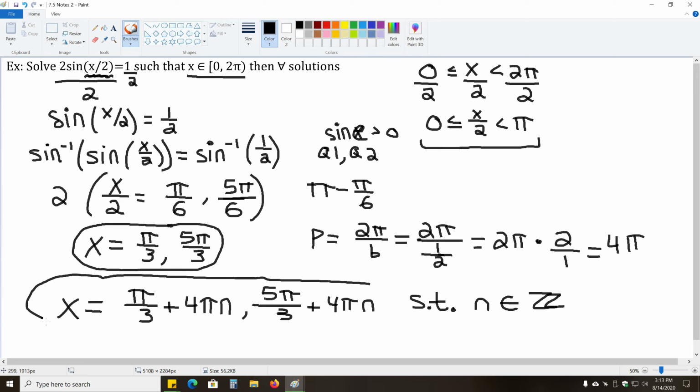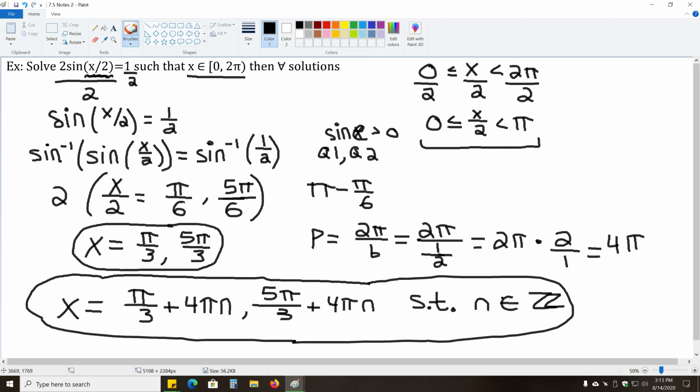Remember that symbol that looks like a double Z represents the integers. It means all whole numbers that are positive or negative.